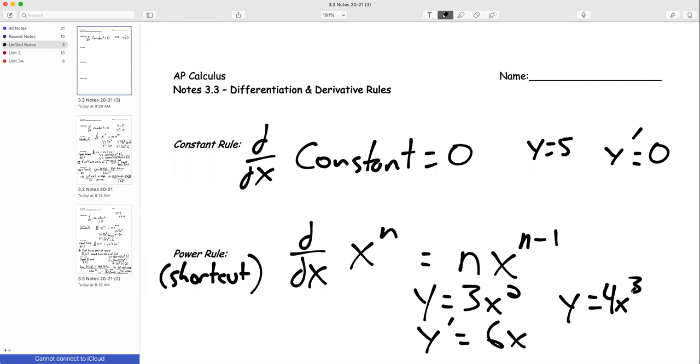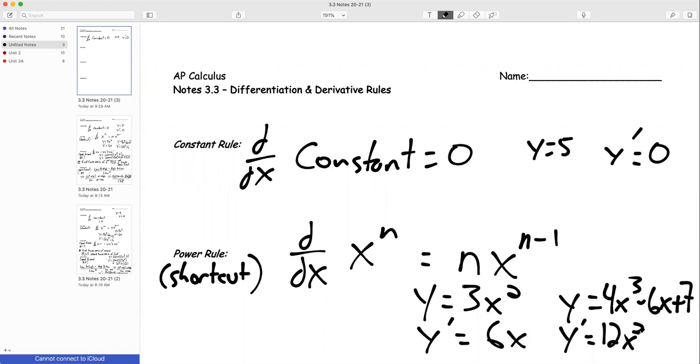And if y equals, let's say it's something like 4x cubed minus 6x plus 7, y prime would be 12x squared. Okay, I take the exponent, 3, multiply it by the coefficient. 3 times 4 is 12. Decrease the power by 1.